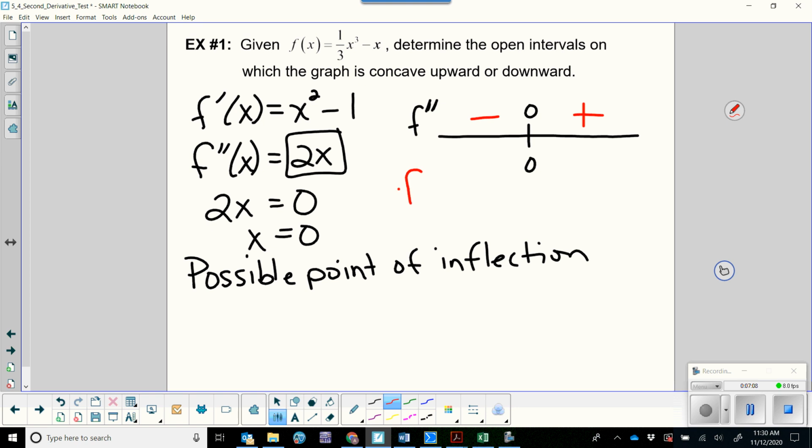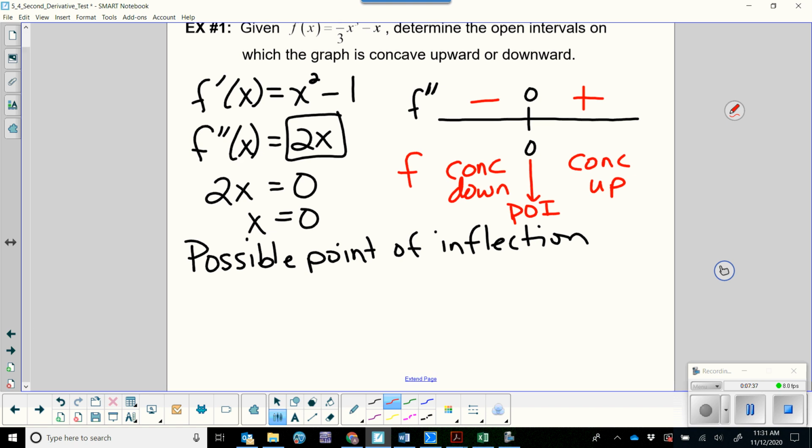So this is what it tells me about f. f is concave down here and concave up here, which now also means that this point is a point of inflection, which we can abbreviate POI, or you can write point of inflection if you think you're going to get confused. They only asked for concave up and down, but I wanted to show you that because it changed from concave down to concave up, that point is going to be a point of inflection.